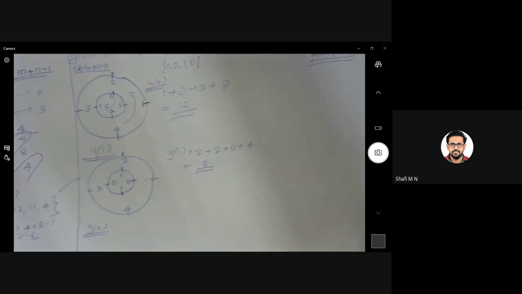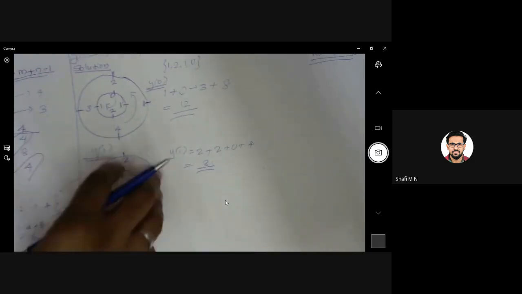y of 2 ചെയ്ത് കഴിഞ്ഞോ? y of 2 8 ആണോ? അതെ, y of 2 ന്റെ വാല്യൂ 8 ആണ്. ആർക്കെങ്കിലും ഞാൻ ചെയ്ത് കാണിക്കുന്നെങ്കിൽ ചെയ്യാം. y of 2 ന്റെ ആൻസർ 8 ആണ്. വെരി സിമ്പിൾ.